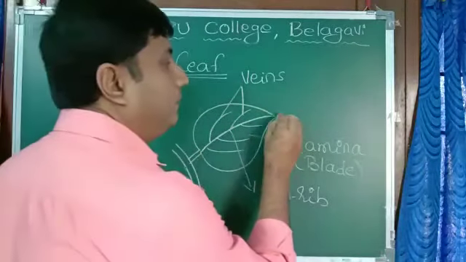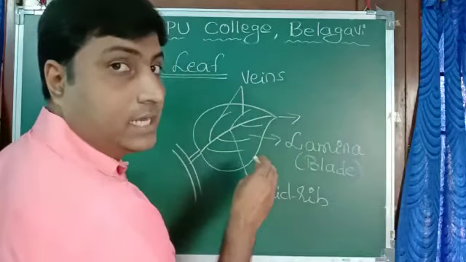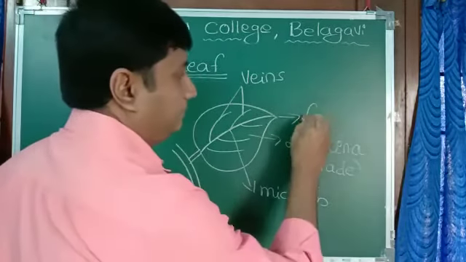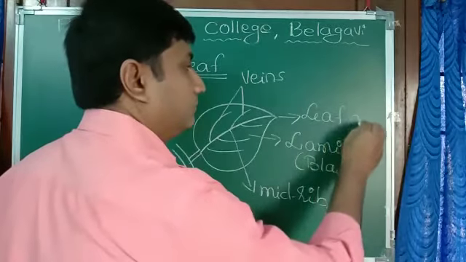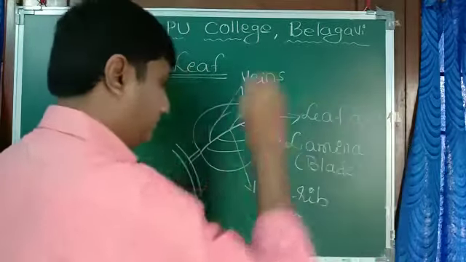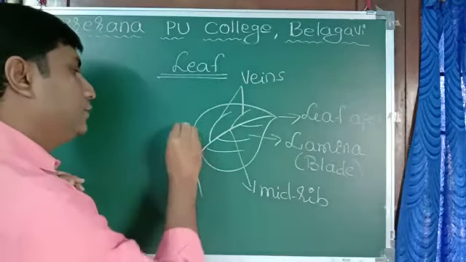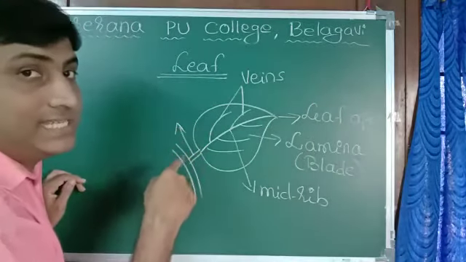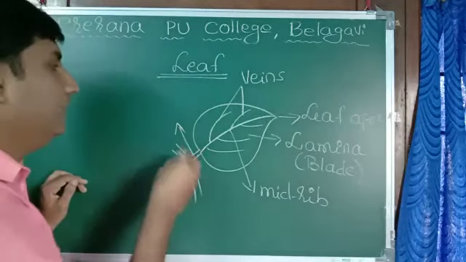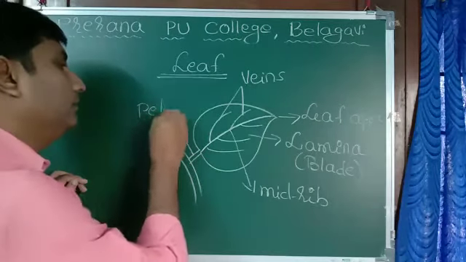This is the tip of the leaf. We call it leaf apex. This is the stalk of the leaf, called petiole.